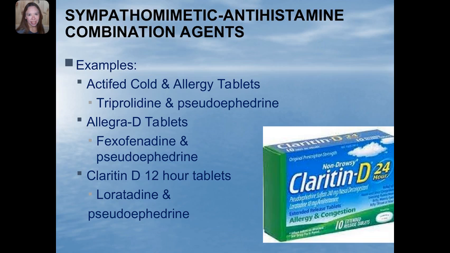They are still over the counter, but because the sympathomimetic is added to the antihistamine, these combination agents also have to be purchased by going up to the pharmacist and requesting the medication. It's going to be kept back where the prescription medications are kept.